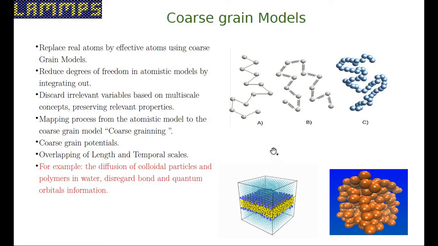In addition, there are also another kind of molecules or macromolecules, such as membranes, which can be modeled by using some simplified models, all basically using particles, point particles, and springs.